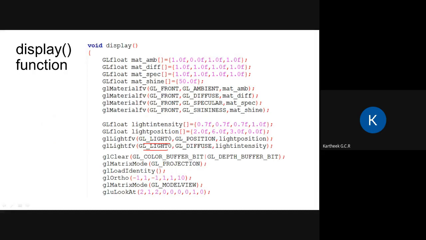The position and diffuse vectors you are passing over here, followed by our definition of viewing. We have taken the view volume and we have placed the camera. So this is the initial setup of the program. You have defined material property, you have defined lighting, the position, the intensity, and then you have set up your scene. You have placed the camera in the scene, right?